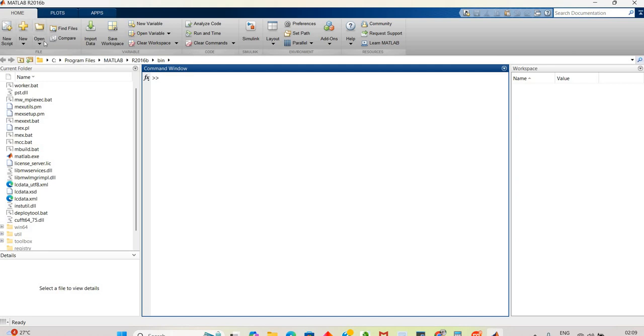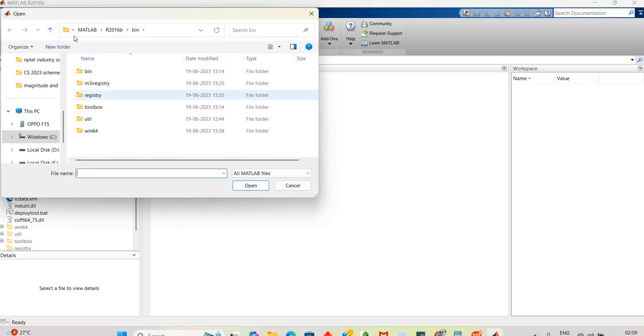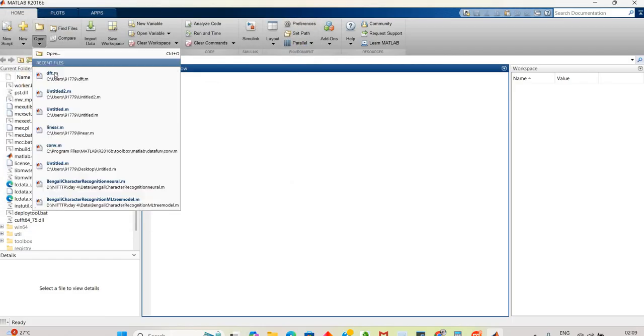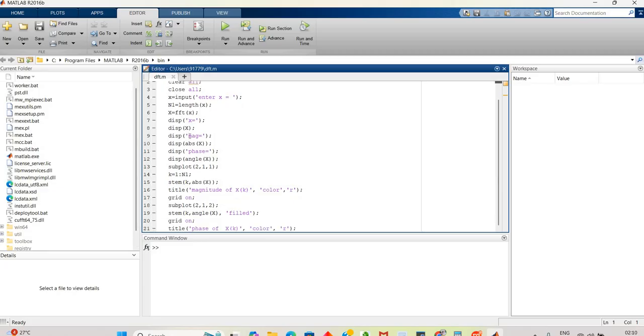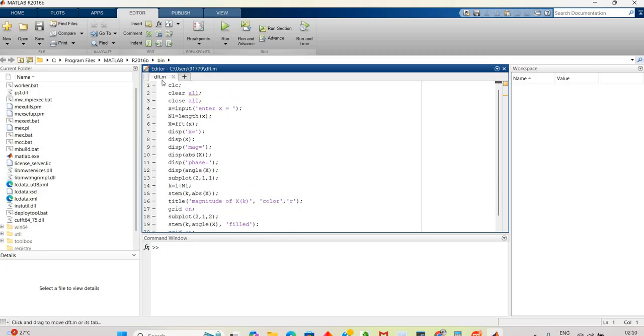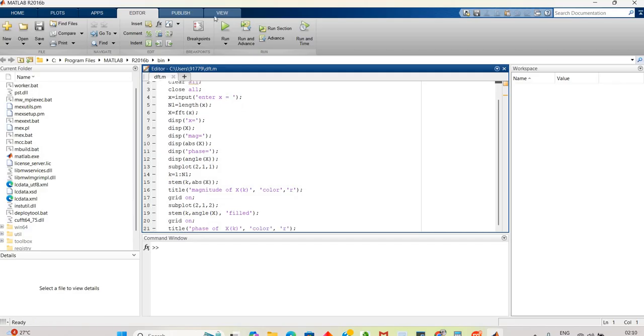I will open the program, which I have already saved by the name DFT. This is my editor window, and this is the command window where I'll see the output. Already I have typed the program and saved it. Always save the program in MATLAB with the .m extension. Now I will run this.